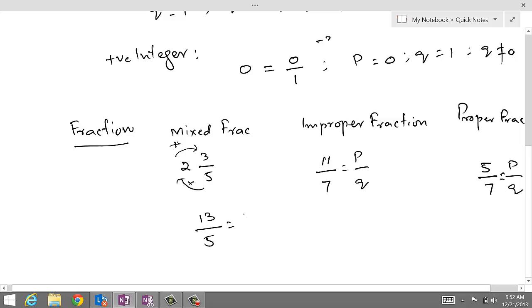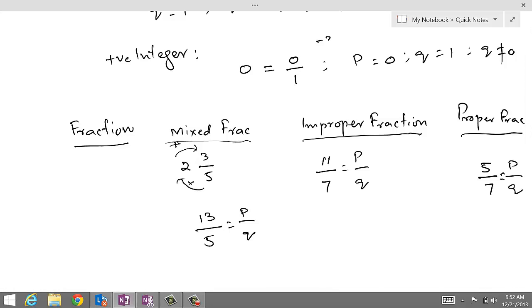Compare it with p over q: p is 13, q is again 5, and q is not equal to 0. So clearly we can see that all the fractions, whether they are proper fractions, improper fractions, or mixed fractions, can be written in the form p over q. So all the fractions are rational numbers.